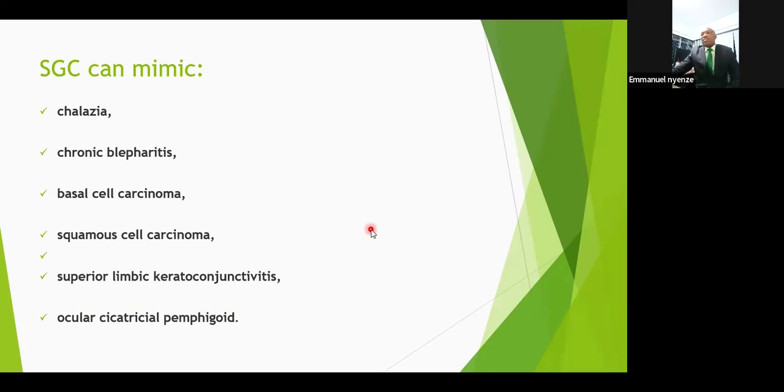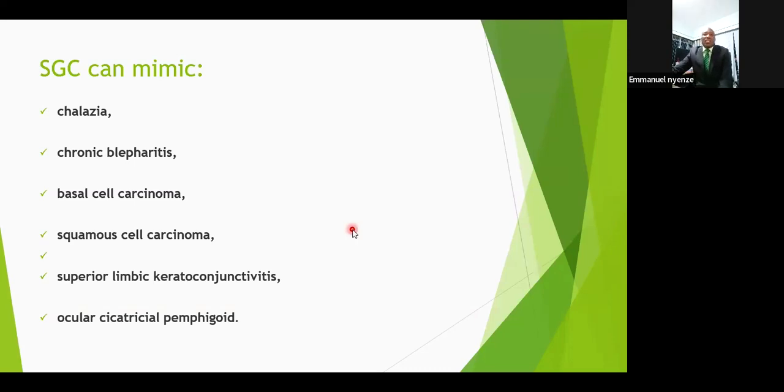But remember, even if it looks like a chalazion, if you look keenly, you might be able to tell that this is not the typical chalazion that you see, because it's different. The difference between this lesion and a chalazion is that this lesion usually tends to be multinodular, usually well defined, but irregular in shape.